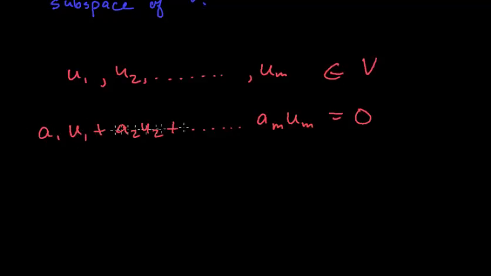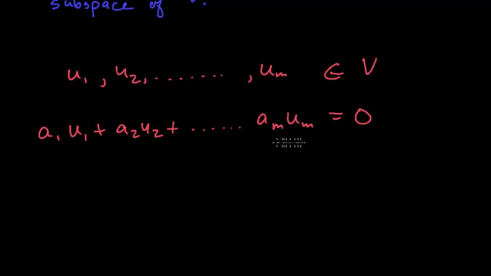We don't know what the a's are, but we know what the u's are because they are the chosen elements, and we want to see if they are linearly dependent or not. We write this equation: scalar multiples of these added together give the 0 vector. So we are looking to find the solution of this equation.